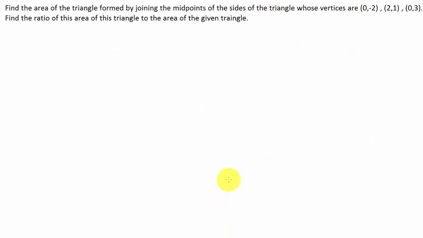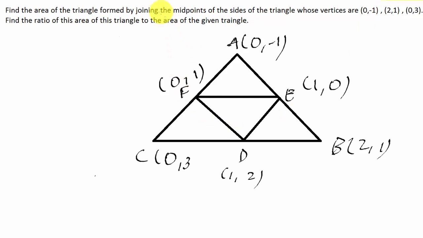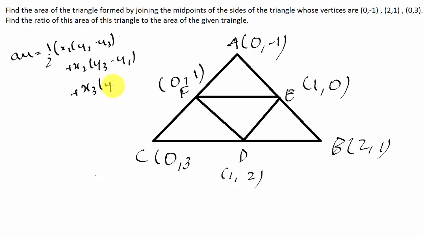This is question number 3 in exercise 7.3. Okay, now we have to find the area of the triangle. Okay, let's just do this. First we draw the triangle. Now that we made our triangle fabulous, so now we can start working. Now we are going to use the formula area is equal to half into x1 (y2 minus y3) plus x2 (y3 minus y1) plus x3 (y1 minus y2).